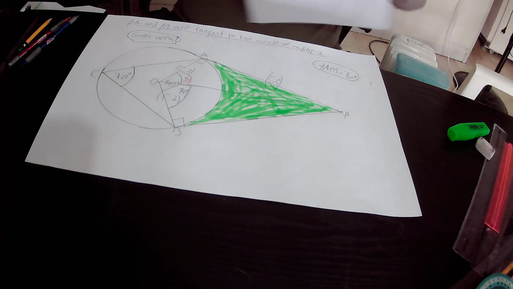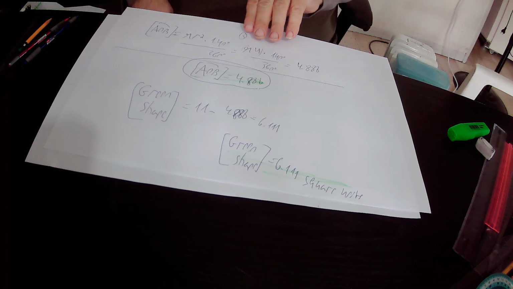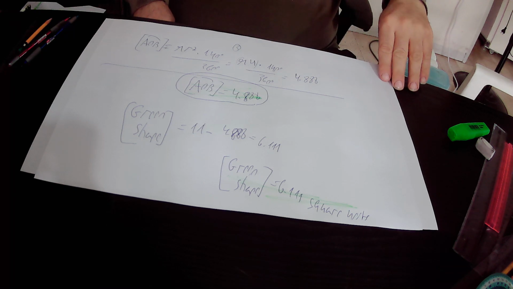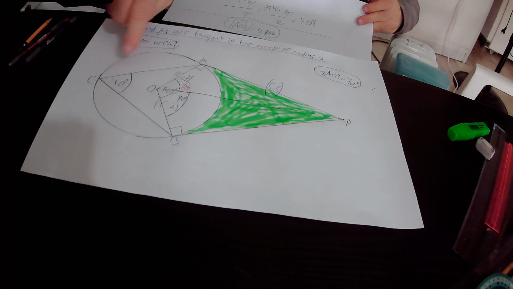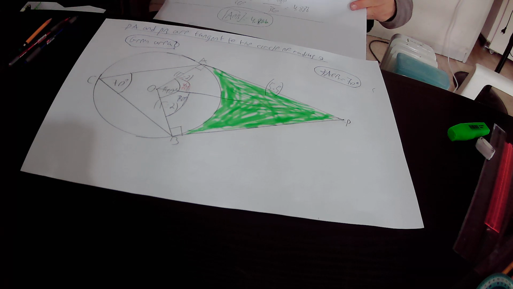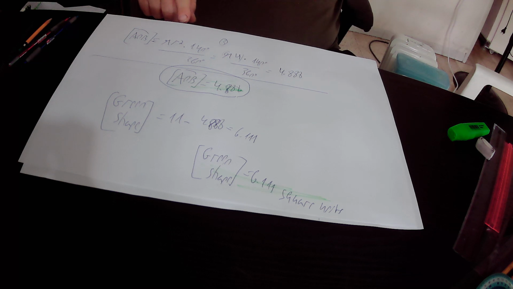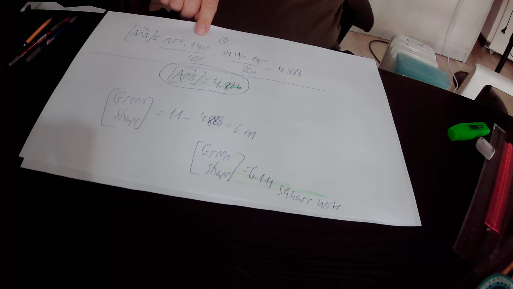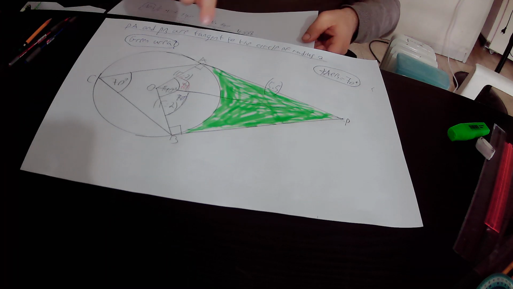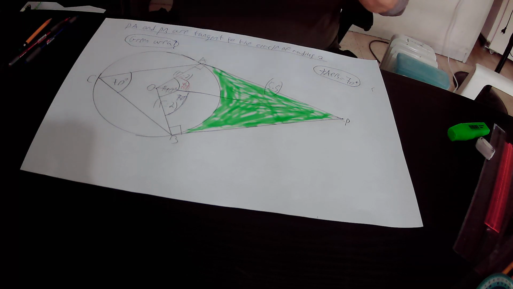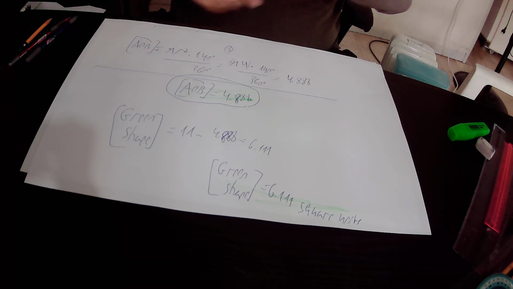So, what is the area of sector AOB? It is equal to the area of the circle that contains the sector, that is pi r squared, because the radius is r. And we have to multiply the area of the circle that contains the sector by the angle between the legs of this sector. The angle between the legs of this sector AOB is 140 degrees over 360 degrees.